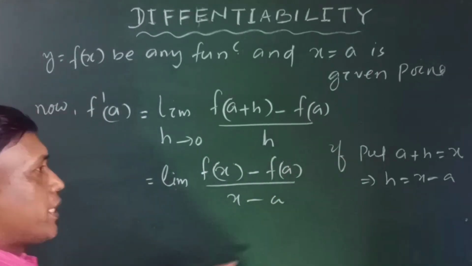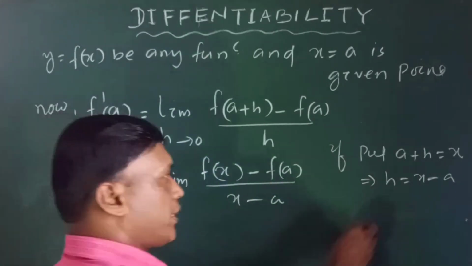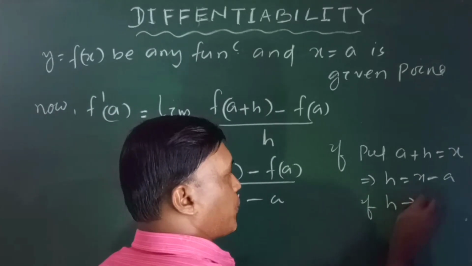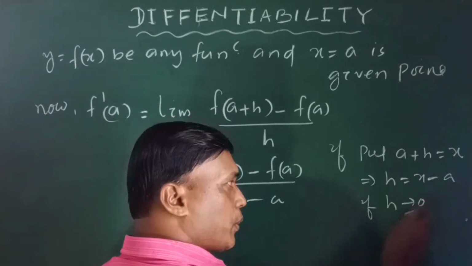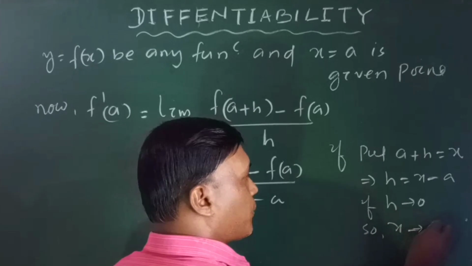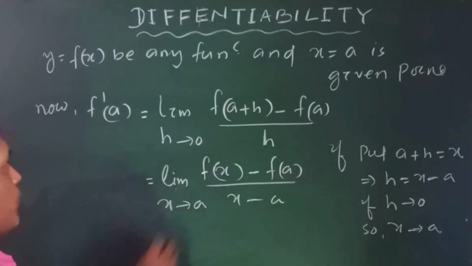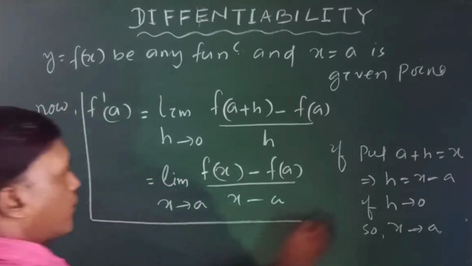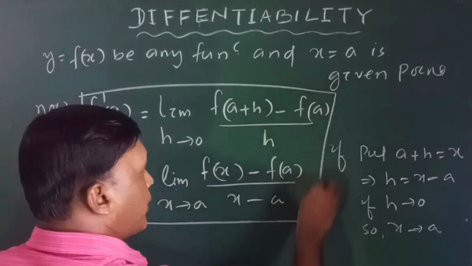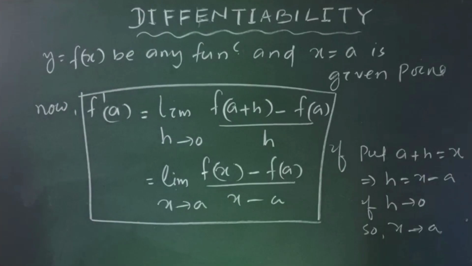Now look here, if h tends to 0, that means x minus a tends to 0, so x tends to a. So here limit h tends to 0 means x tends to a. So this is the condition for differentiability of a function f of x at x is equal to a.